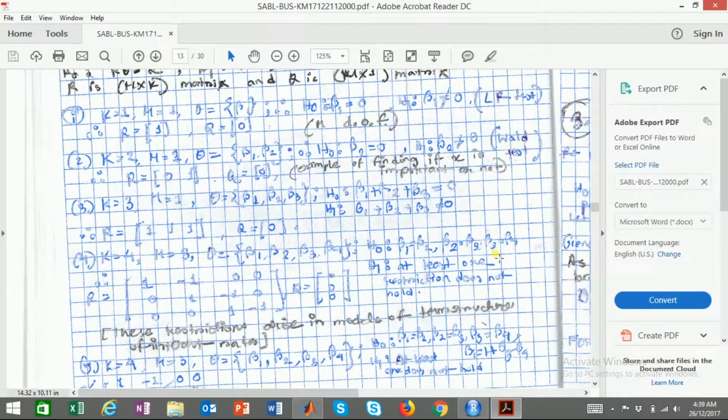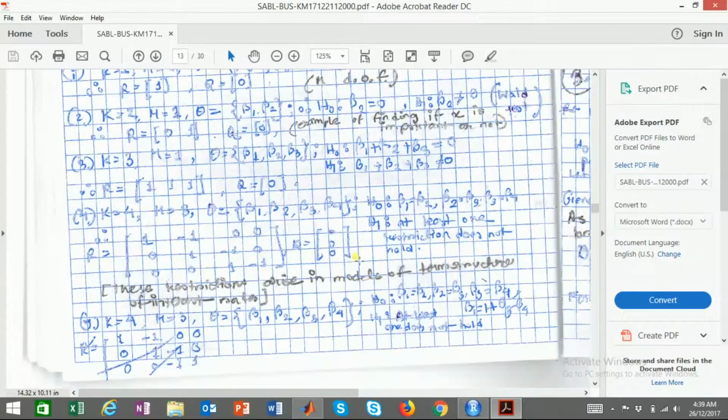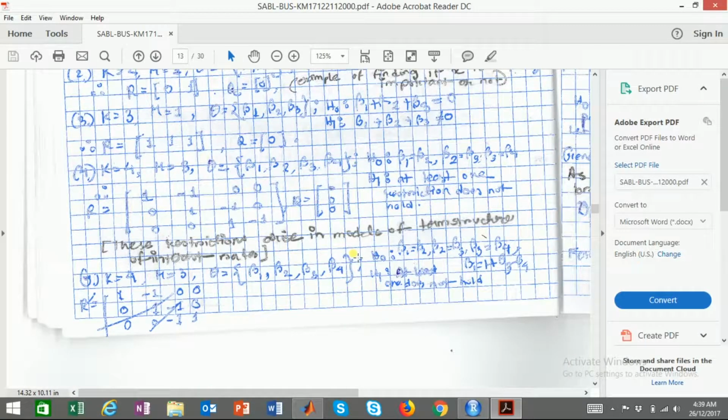Beta 3 equals beta 4, or beta 3 minus beta 4, where the sign of beta 3 is positive and the sign of beta 4 is negative, so 0, 0, 1, minus 1. Now these restrictions arise in models of the term structure of interest rate. We are going to use these when we are modeling the term structure of interest rate.